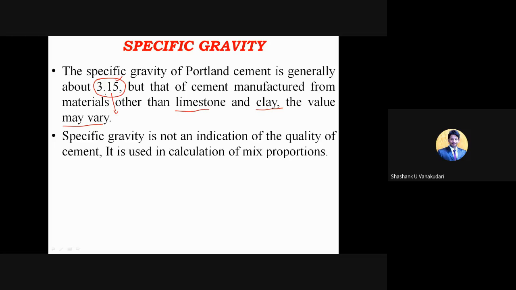If you have specific gravity 3.15, that is sufficient, so you can use less cement content and achieve better quality. If the specific gravity of the cement is 2.9, then you need to increase the cement quantity compared to specific gravity 3.15. Clear? Basically this will be used in the mix design concepts, which you are going to study in module 4. Okay.